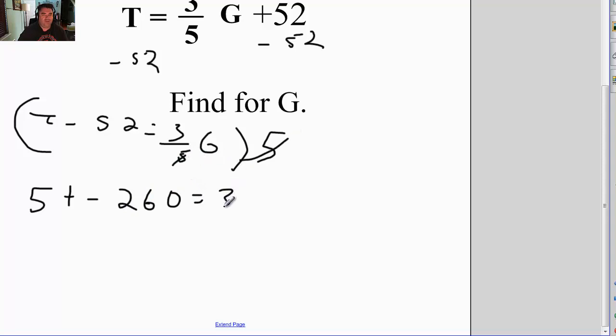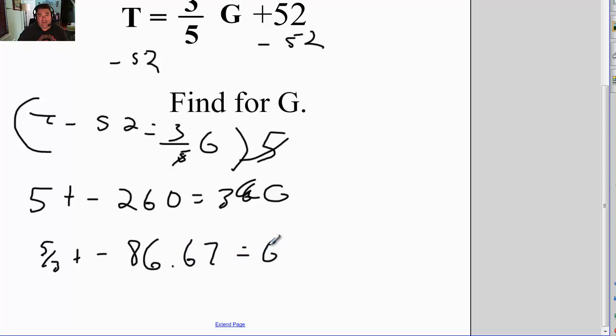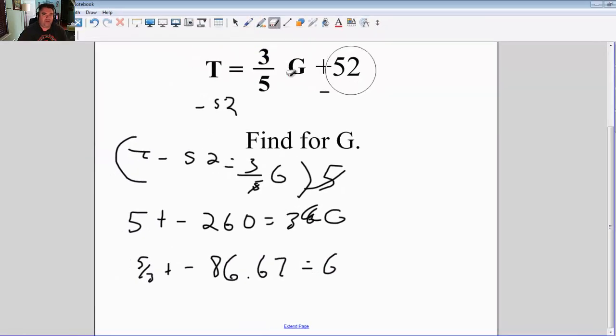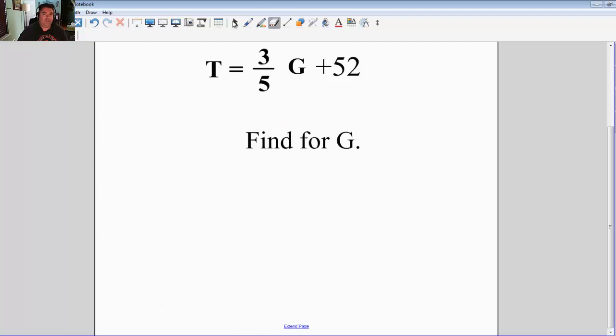Cancels here, I get 3g, and that's supposed to be a g, not a 6. And I'm going to divide them all by 3, so I'm going to get 5/3 t minus 260 divided by 3. Brain, don't fail me now. Let's see, that's 80, which leaves 240, 20 left. 86.67, we'll say, equals g. I hope that's right. I could, of course, plug that back in and back and forth, but I'm just going to take my word for it. If you get something different, tell me tomorrow in class, and I'll be happy to hear.